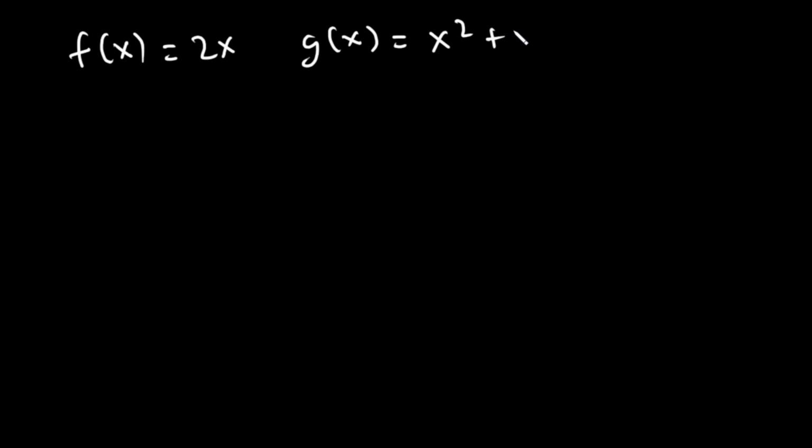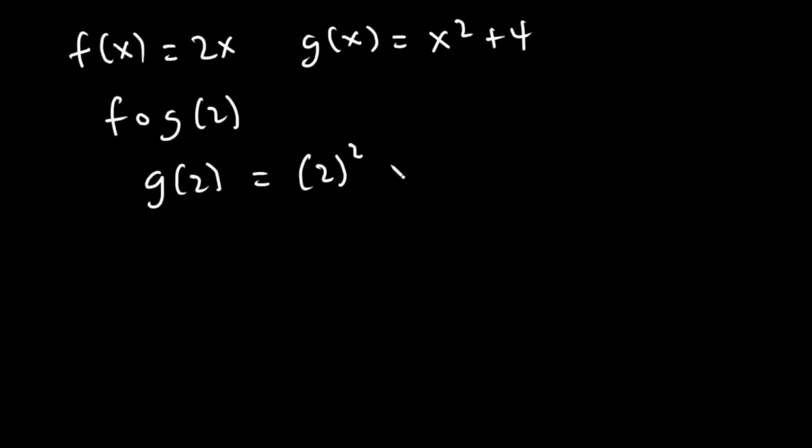Given a function f of x is equal to 2x and g of x is equal to x squared plus 4, how do we find f of g of 2? Now let's first find g of 2. g of 2 is equal to 2 squared plus 4. 2 squared is equal to 4, plus 4 is equal to 8.